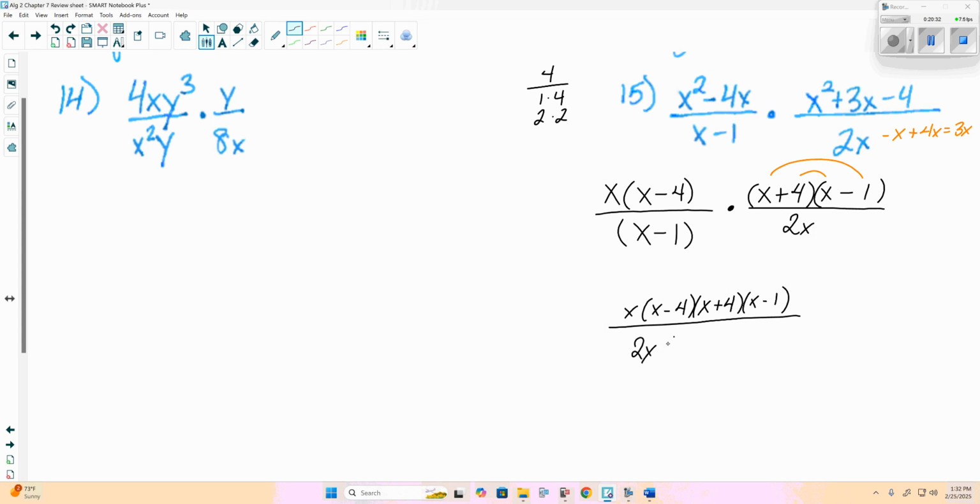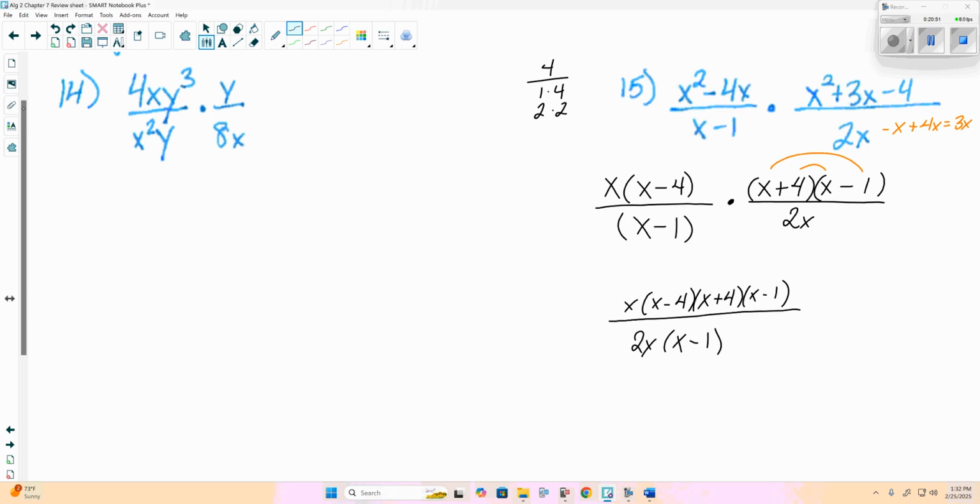And on bottom, we'd have 2x times x minus 1. Now, there's not a whole lot of reason to multiply through, because if something's going to simplify, we'd have to factor it back out anyways. Now, at this point here, do we have anything in common on top and bottom?